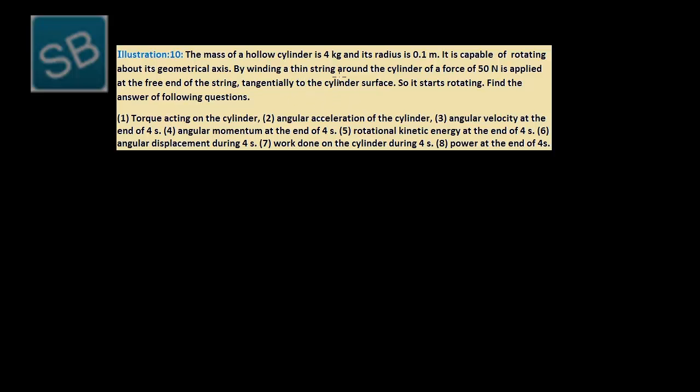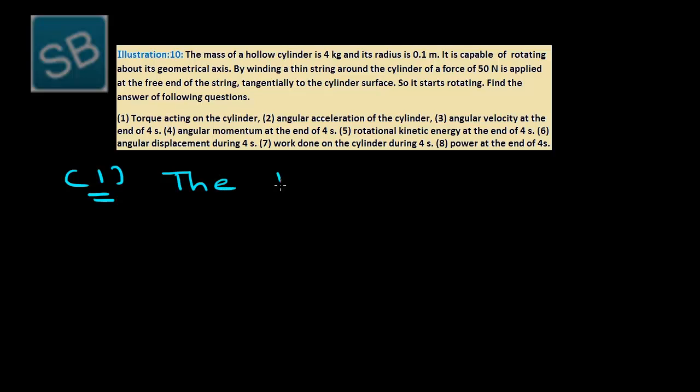Now a thin string is wound around the cylinder, and a force of 50 Newton is applied at the free end of the string tangentially to the cylindrical surface, so it starts rotating. The first question asked is to find the torque acting on the cylinder.